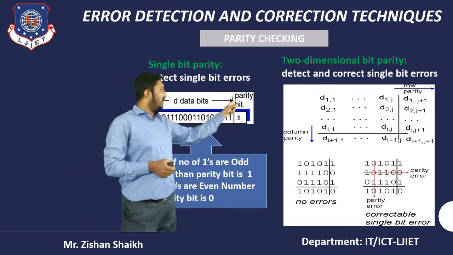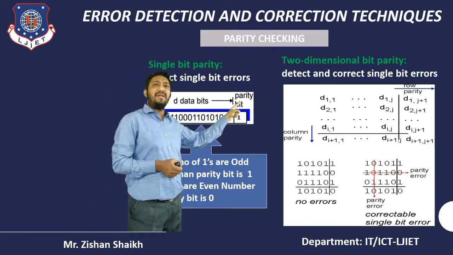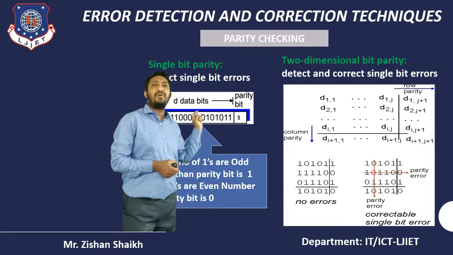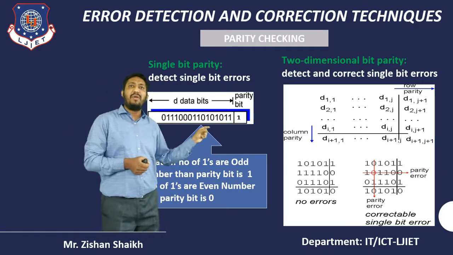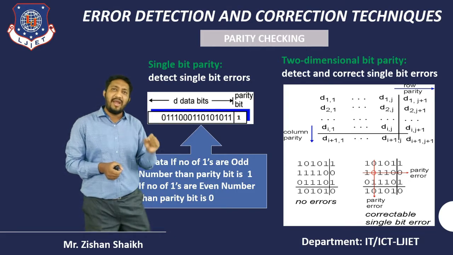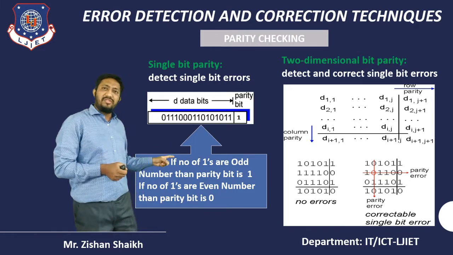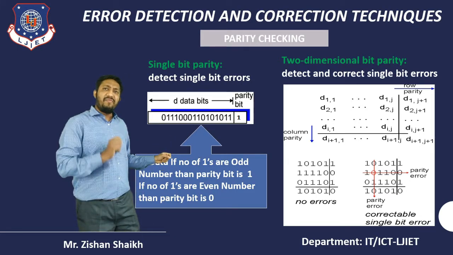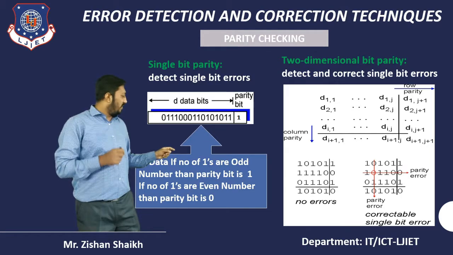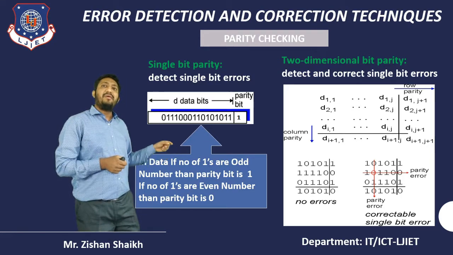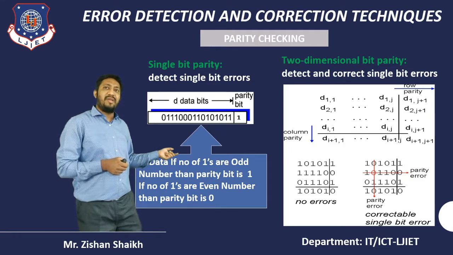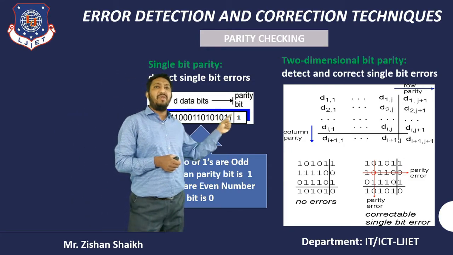That's why at the end we set the parity bit to 1. According to the rule, if the number of ones is odd, the parity bit will be 1.